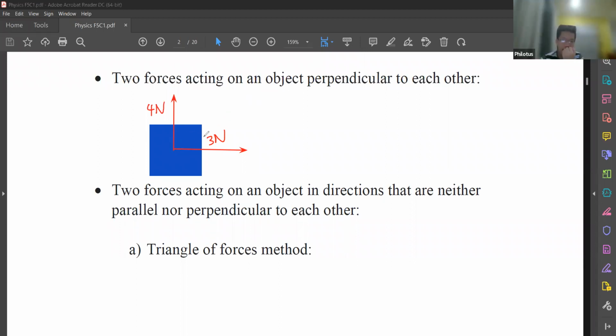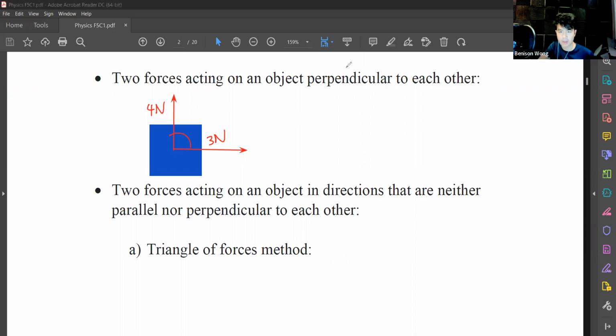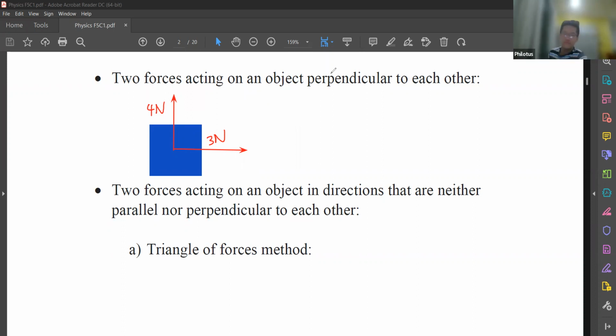If the angle here does not exceed 90 degrees, the resultant force will always be larger than these two forces, right?